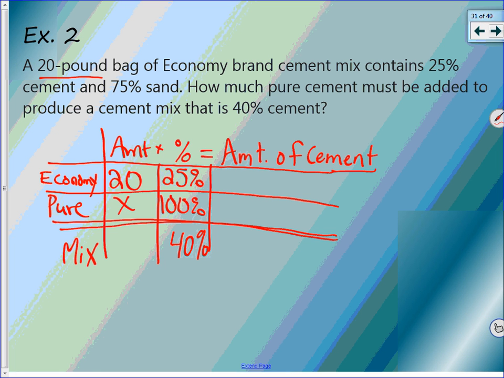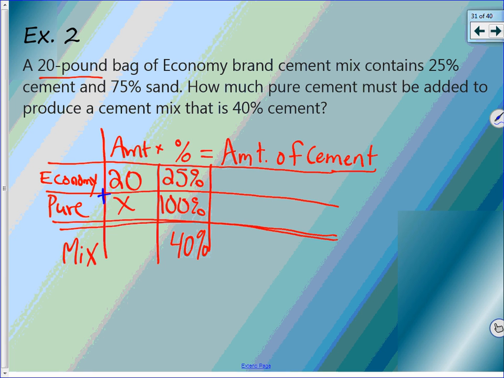Now, when we look, what is my amount of my mixture, my economy plus my pure? What goes in here for my amount? Yep. Is it minus? What? 20 plus X. Because you pour them together.